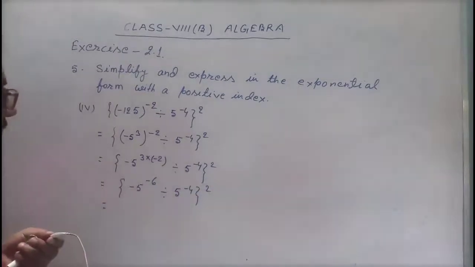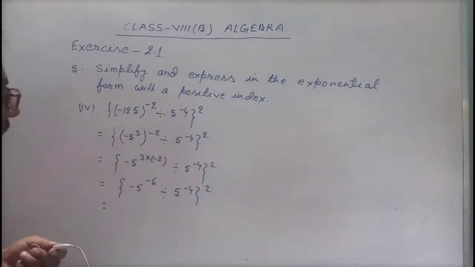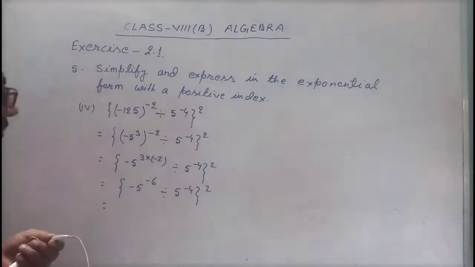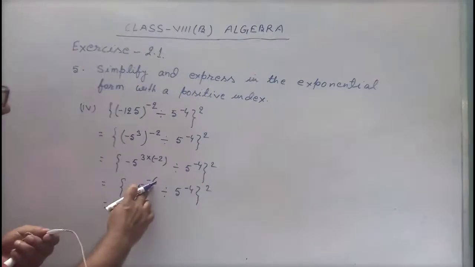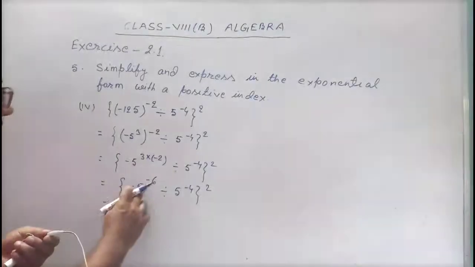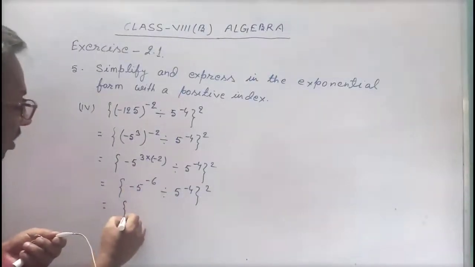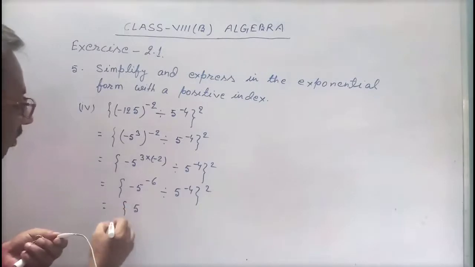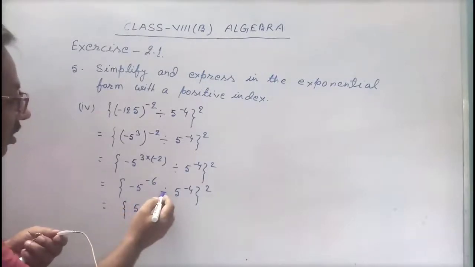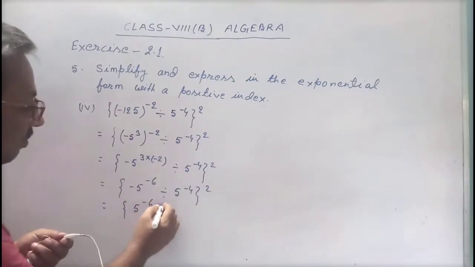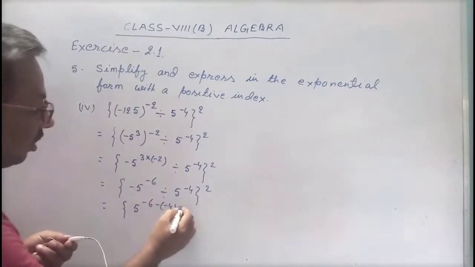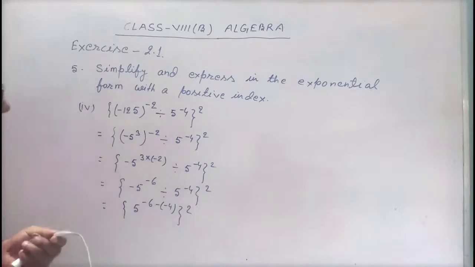So these two are in the form of division. Minus 5 will be multiplied 6 times. Minus will be multiplied 6 times, so that will be changed to plus. So we write here 5 only, and this is division, so the powers will be subtracted. Minus 6 minus minus 4 to the power whole square.